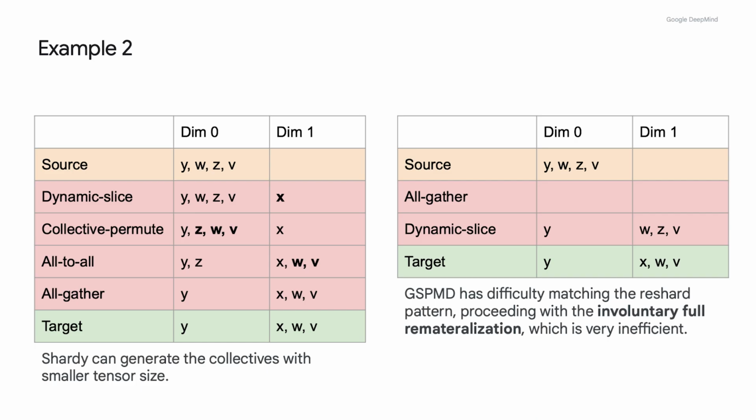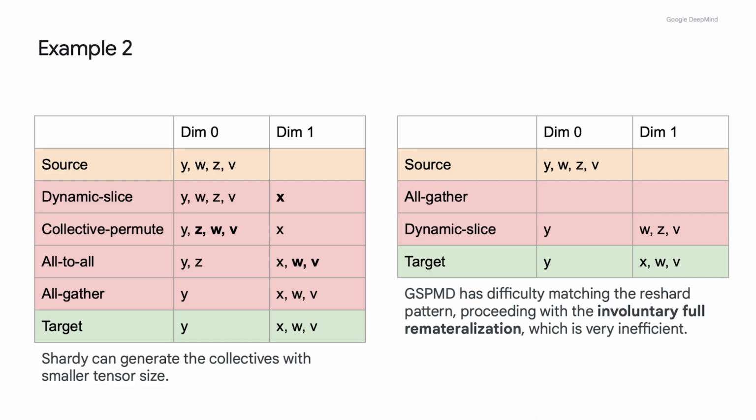As a comparison, the GSPMD has difficulty matching this reshard pattern, and it has to proceed with the last resort, which we call involuntary full rematerialization. It will fully replicate the tensor and then fully partition the tensor.